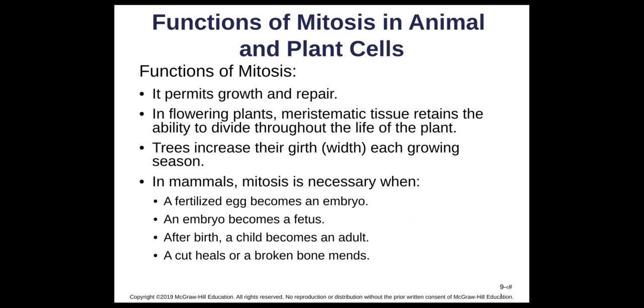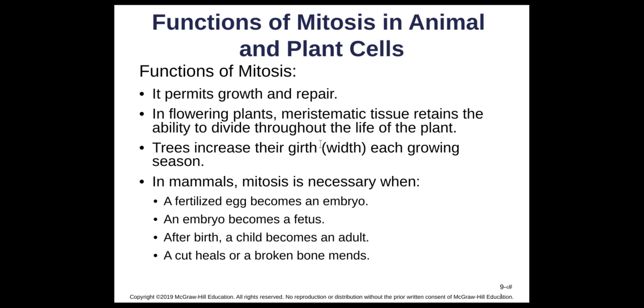In flowering plants, there's a special type of tissue called meristematic tissue that is able to divide the entire lifetime of the plant. So many plants have what is called indeterminate growth, meaning they'll grow as big and as wide as time allows them to.